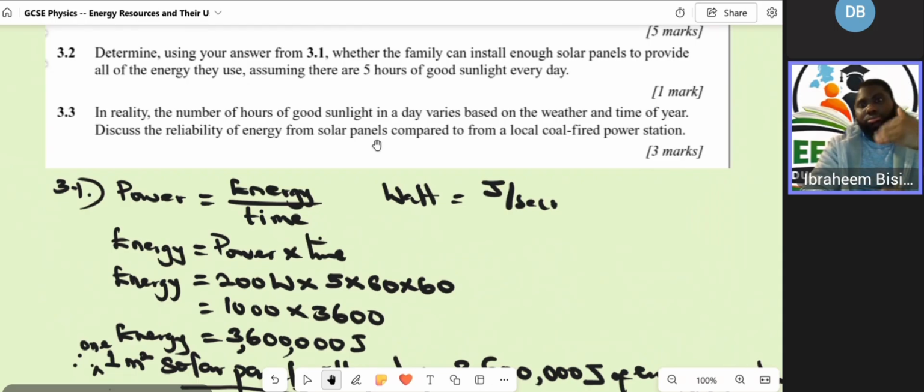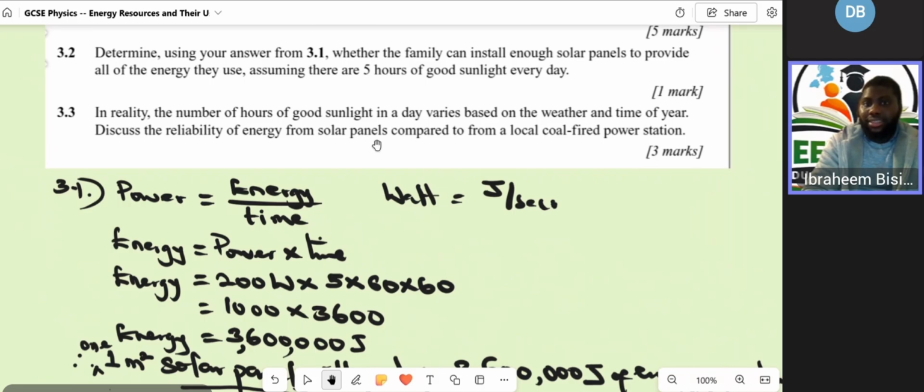So in places where there is regular sunlight, like they have said in this question, a constant 5 hours of good sunlight every day, in such a situation, the solar energy can be reliable. But in a situation where the sunlight is not steady, then it won't be reliable.